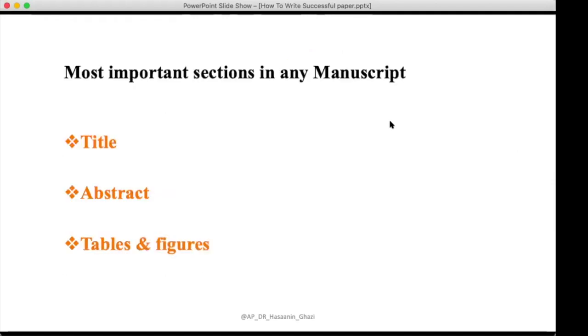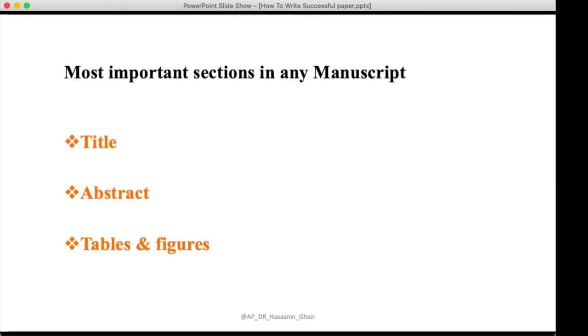So as I said, the most important sections in any manuscript are the title, abstract, tables, and figures. Why are these three very important? Because when you submit your paper to a journal, who is checking your manuscript is the editor-in-chief. As you know, the editor-in-chief is a very busy person, so he doesn't have time to read your paper.